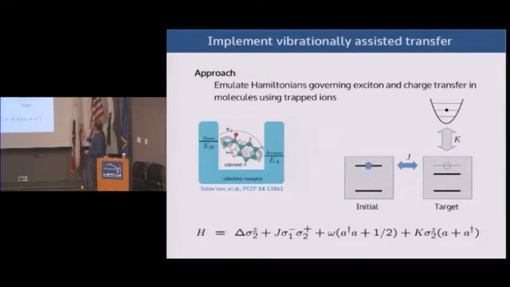Now the energy can transfer by splitting up, so to speak. Part of the energy goes into the target site, but the difference in energy can be made up by the environment, and this is how the environment can enable energy transfer.